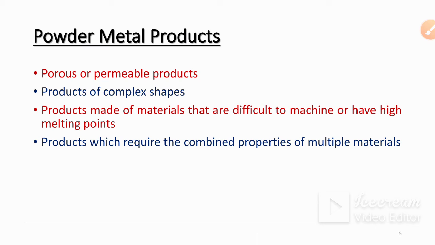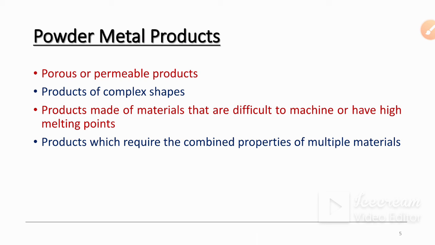In fact we use a very short process in which we create a powder of these two different metals, or metal plus non-metals, and then we have particles of these two metals. We mix these two metal particles, add additives and binders to that mixture, and then place this mixture in a die. Using the upper die and lower die we compact or compress the mixture, and we add some heat.